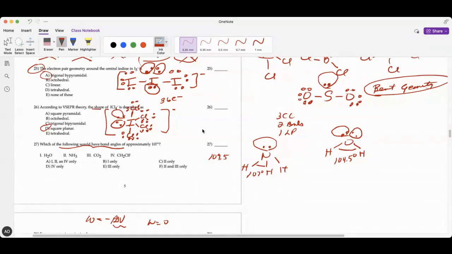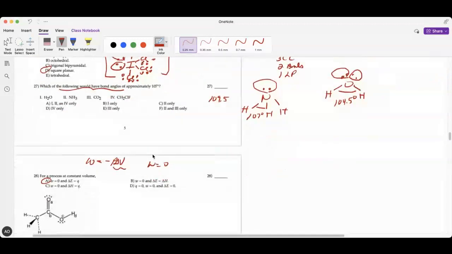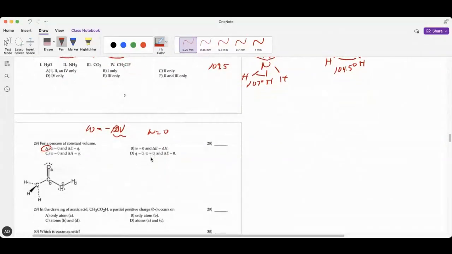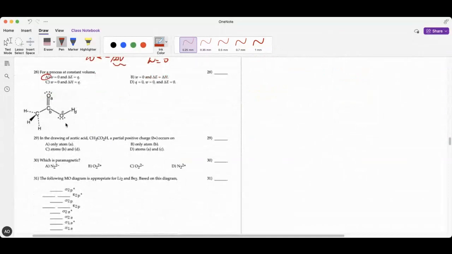There are 2 lone pairs of electrons on the iodine. So this is an octahedral electron pair geometry, but because of the 2 lone pairs of electrons, it's a square planar molecular shape or molecular geometry. Okay, thank you. You're welcome.